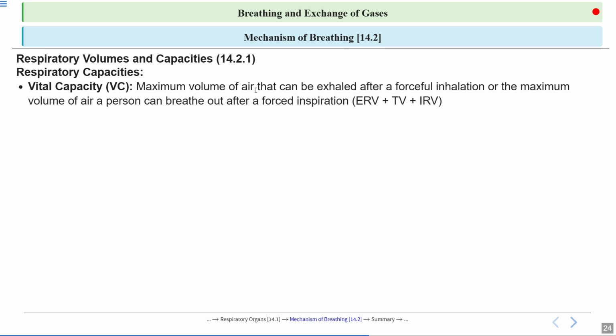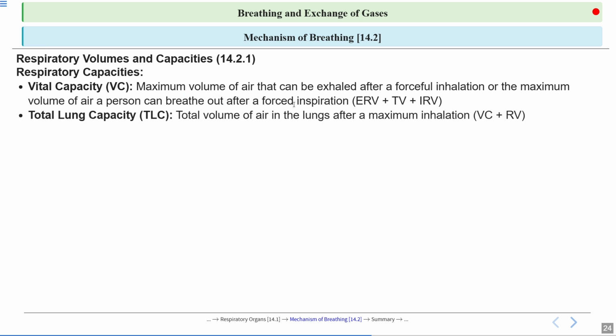Total lung capacity is the total volume of air in the lungs after a maximum inhalation. This is vital capacity plus residual volume.